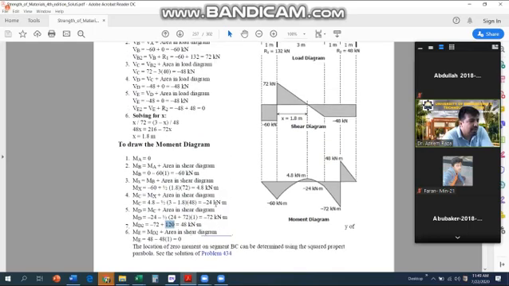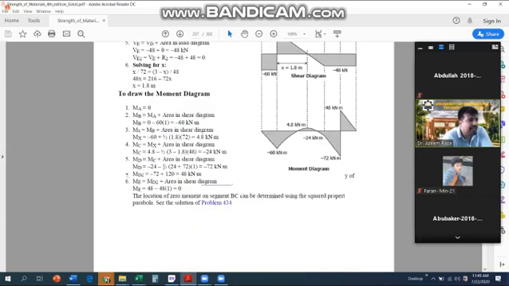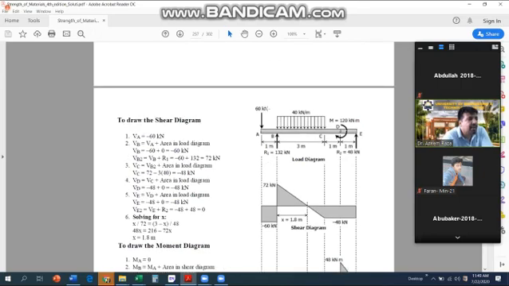Again, while we are computing moments, there was an extra moment already applied to this beam. That was a clockwise moment, so it is positive. And while we were computing moments at D, we just added that thing as well. Just like we have extra point loads here, we always add it.